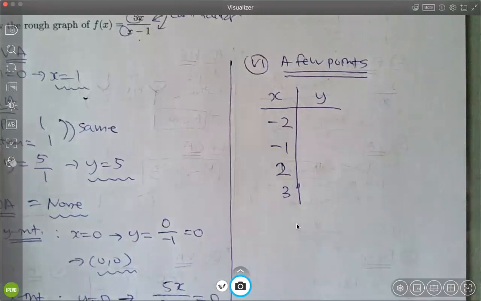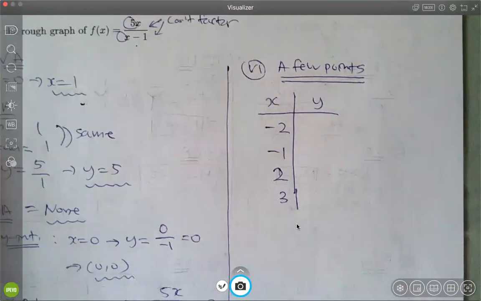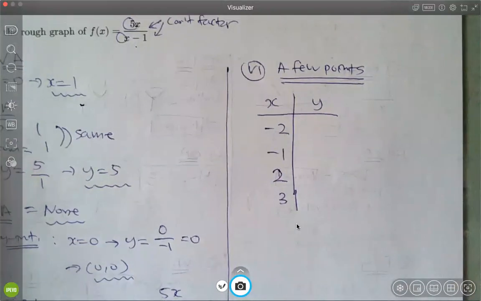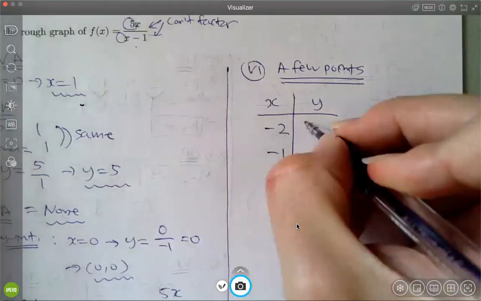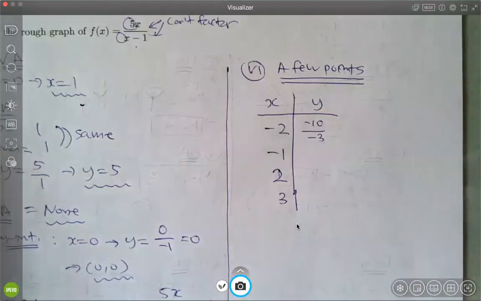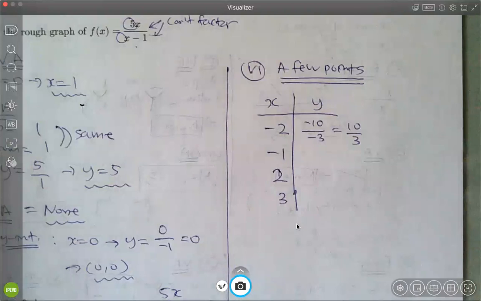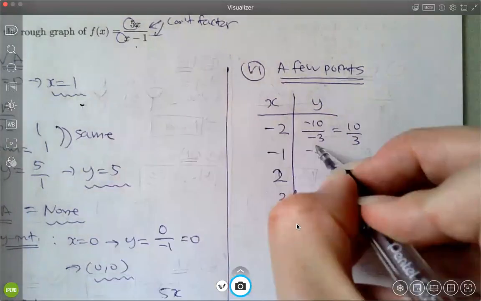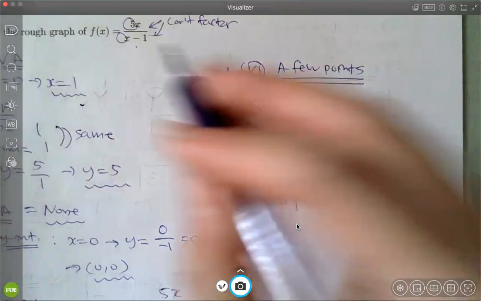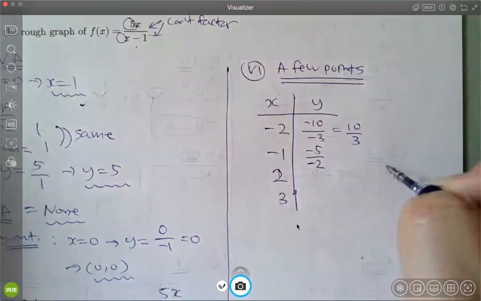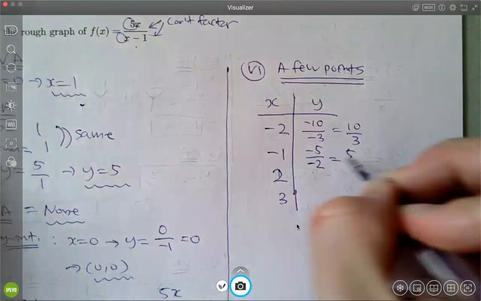Okay, so now when x is equal to negative 2, what's the value of y? Negative 10 over negative 3, right? And what does that mean? It's positive 10/3, which cannot be reduced. And when x is equal to negative 1, you have negative 5 over negative 1 minus 1, so that's negative 2. And so you just have positive 5/2, right?